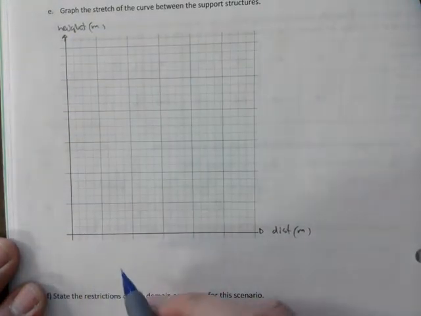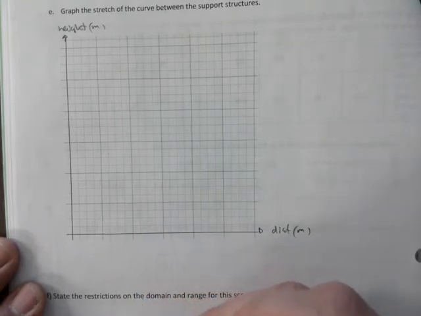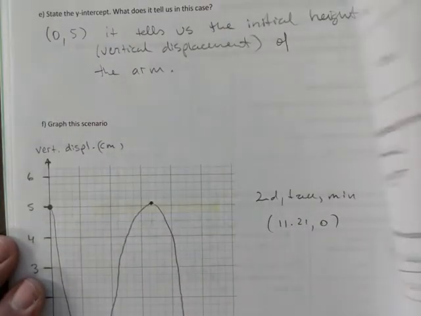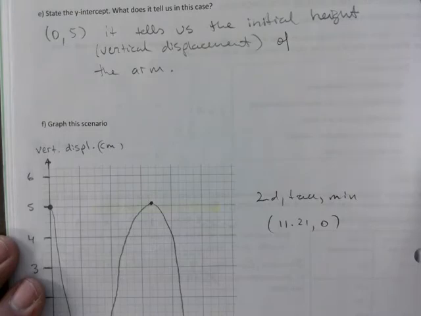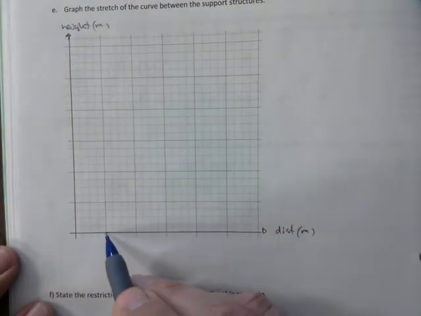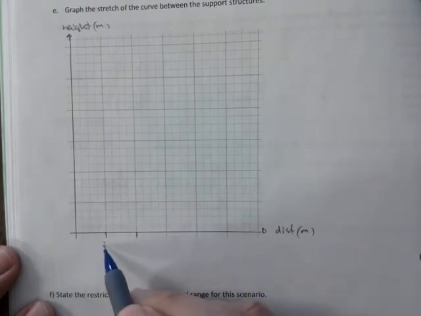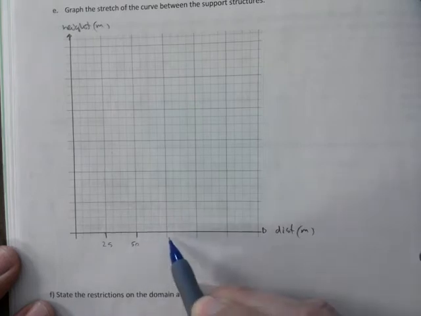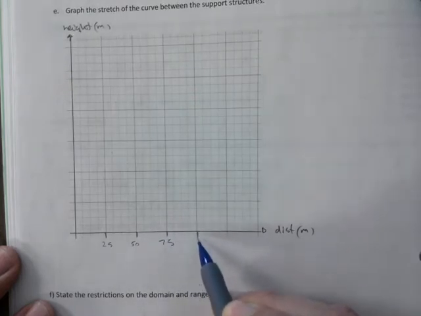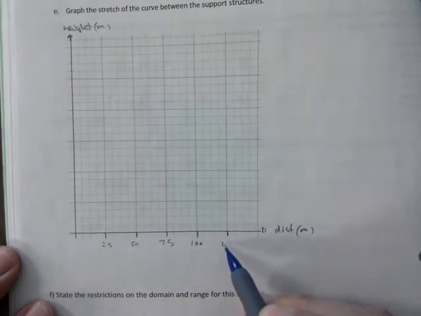My distance, I need to include what, 102 or something. I'm going to make sure it's more than that. So 25, 50, 75, 100, 125.